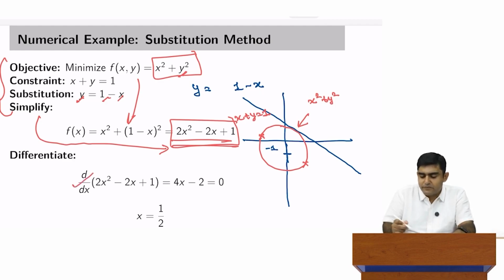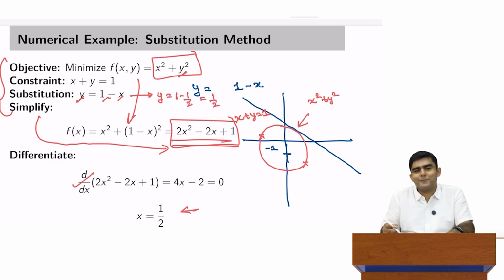We differentiate it with respect to x, equate it to 0, and we see that at x equal to 1 by 2 we get one of the critical points. Now, when x equal to 1 by 2, we can substitute y as 1 minus 1 by 2 and find that y also comes out to be 1 by 2.